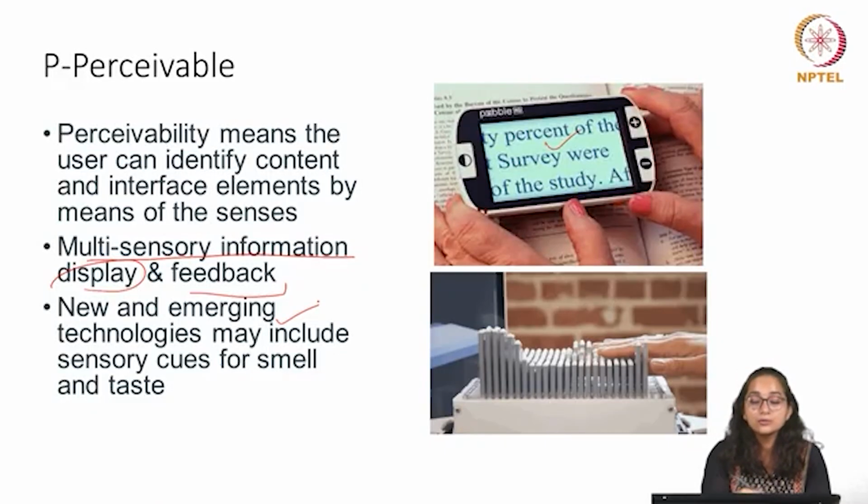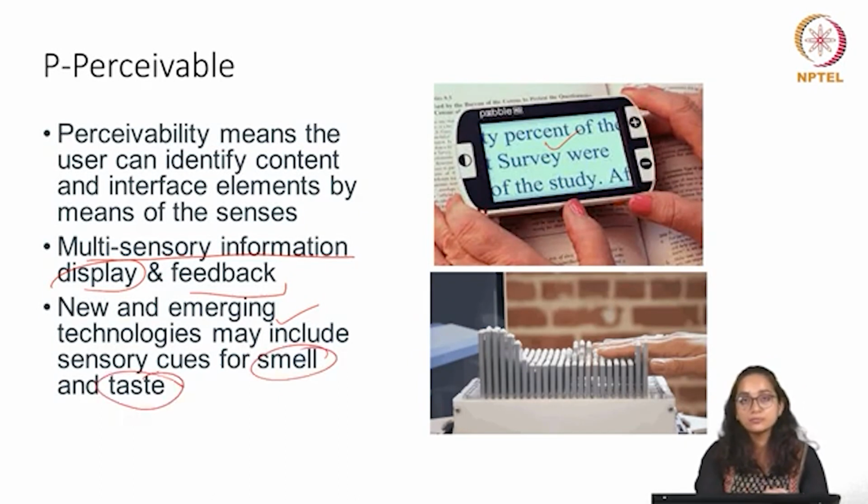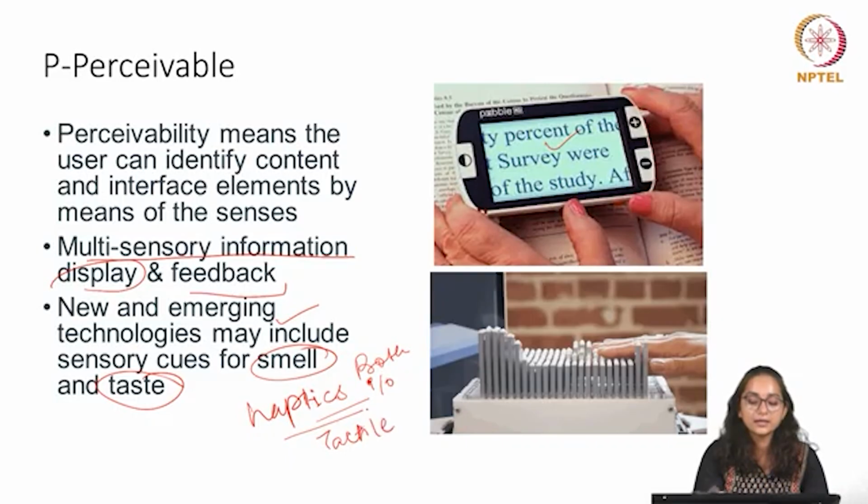So maybe other new emerging technologies may also include sensory cues for smell or taste. This is so far not explored a lot, but haptics is definitely quite a well explored domain under the perceivable category, where we are looking at both input and output devices pertaining to haptics or tactile interaction, which is other than visual and audio.